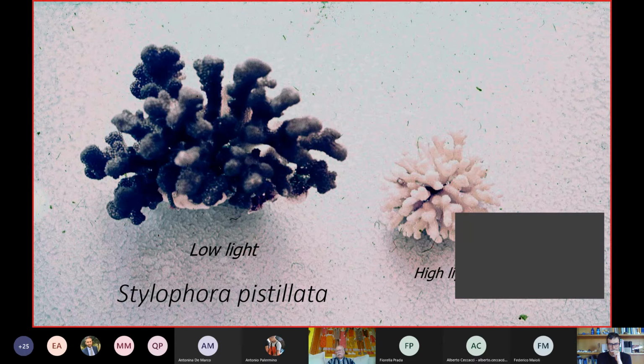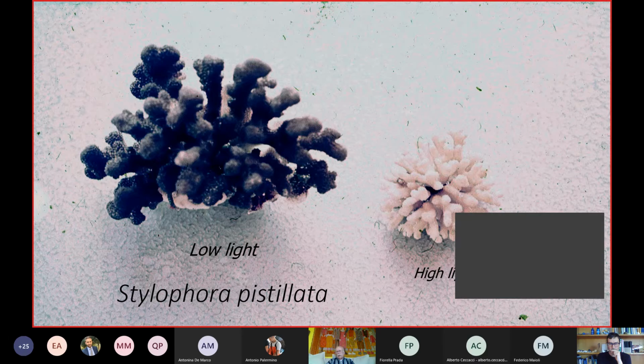Okay, now it makes perfect sense that under low light, you would be as dark as possible to capture as much light as possible. And the opposite is the intense radiation in the shallow waters of coral reefs.